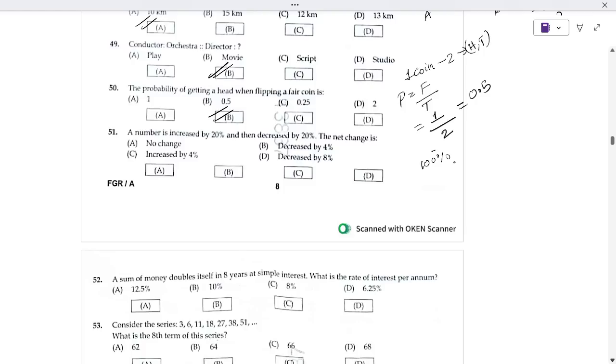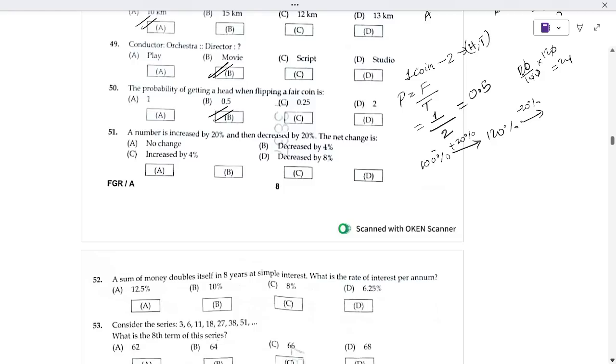It increased by 20%. That means 20% of 100 is 20, so here it becomes 120. And then decrease by 20%. That means minus 20% of 120. 20% of 120 is not 20. 20% means divided by 100, so 20 by 100 into 120, which is 24.